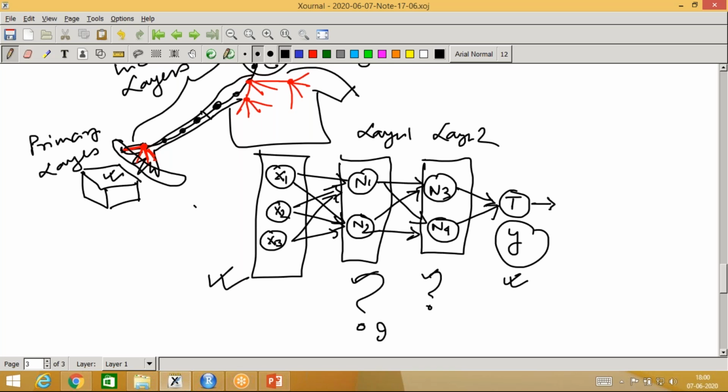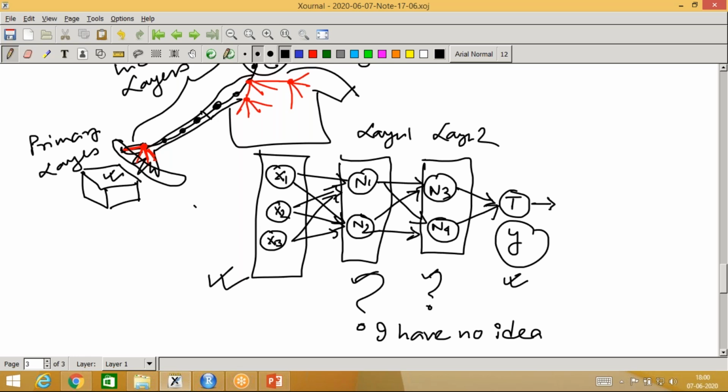I have no idea, and it is a trial and error method. Like in the previous example I told you, what your K should be is a trial and test method. Similarly here, there is no specific rule for how many hidden layers and how many nodes in each hidden layer. It's a trial and error method.